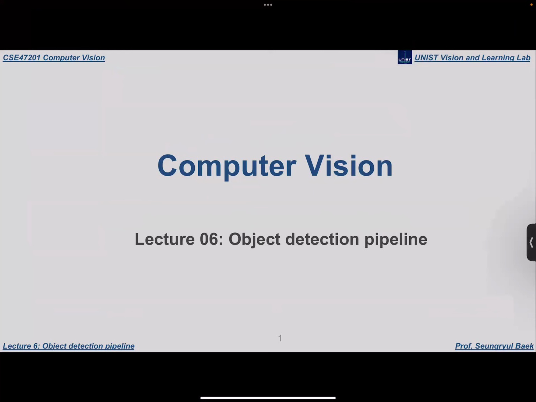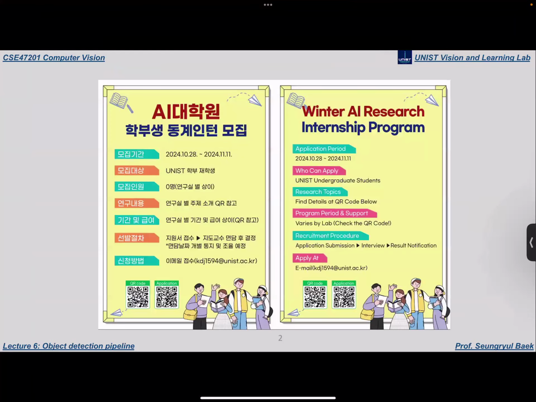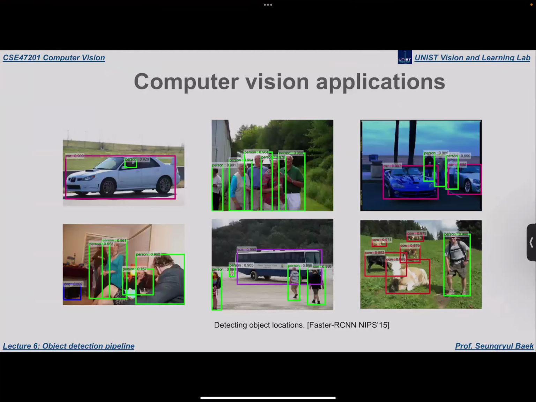So last time we learned about the object detection pipeline. This is one of the representative computer vision applications. Real images are composed of multiple objects. To analyze real images having multiple objects, we have to detect the objects with proper representation.